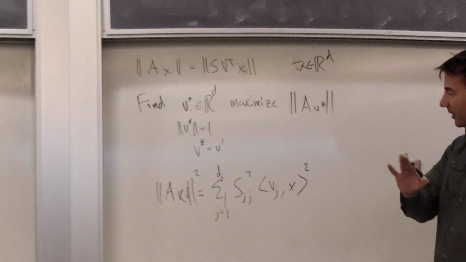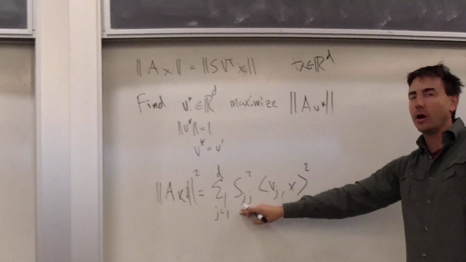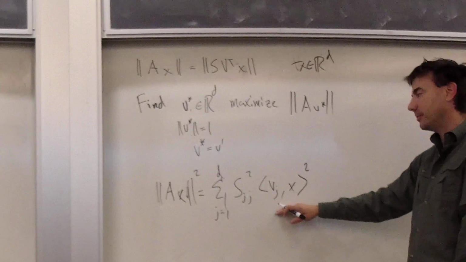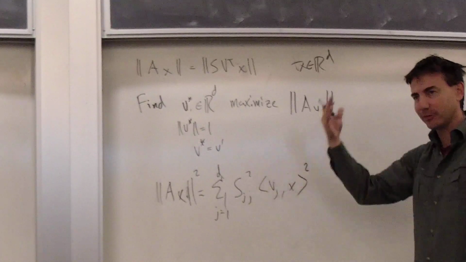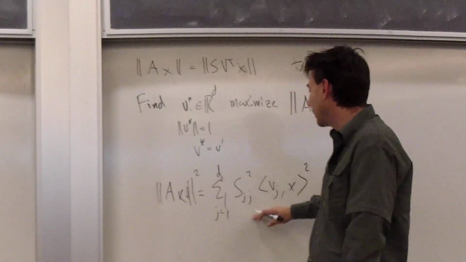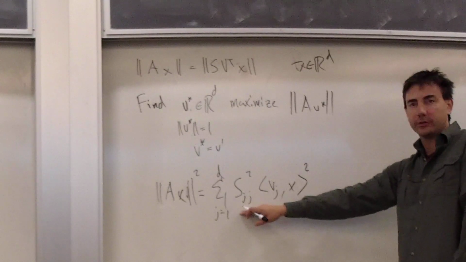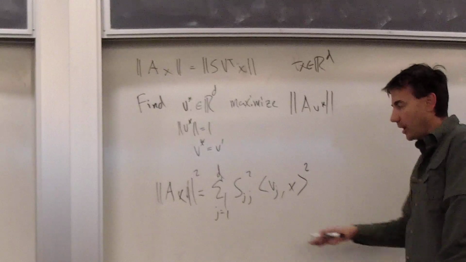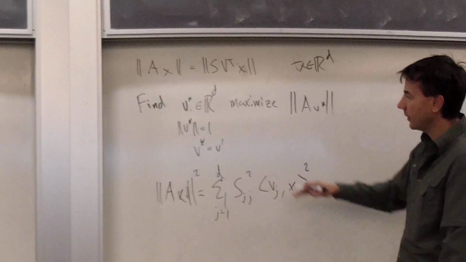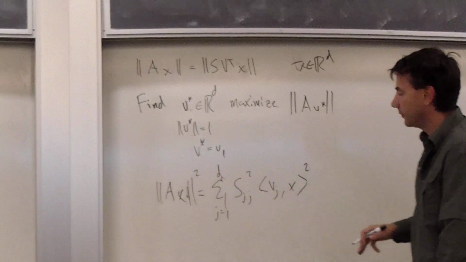I don't have this whole argument in my notes or mapped out in my head, but because the largest singular value is going to be the first one, there are some steps in between I don't remember right now, but this is going to be maximized when I have the most contribution along S11, which is the top singular value. And I'm going to get this property that v1 is going to be equal to v star.